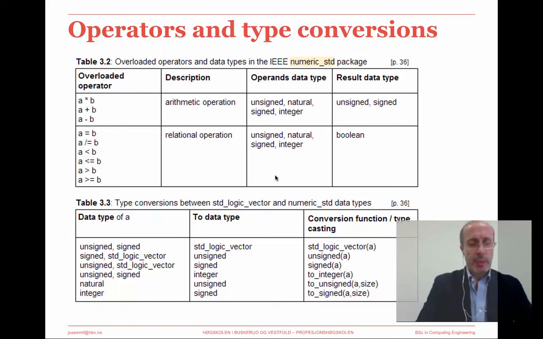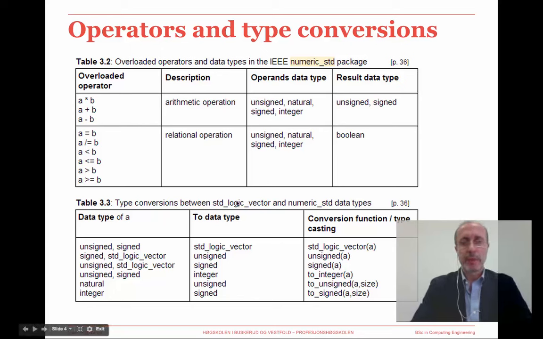There will be cases when we need to convert from one data type to another. For example, if we have an arithmetic multiplier block that has inputs of the type standard logic vector, then we will need to convert from standard logic vector into unsigned before they can be multiplied, and then the result will need to be converted back to standard logic before being sent to the output pins of the circuit.